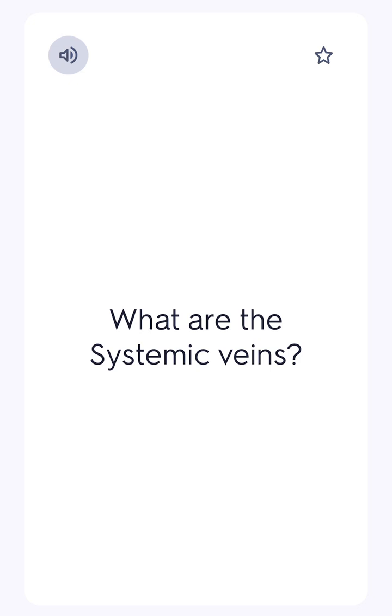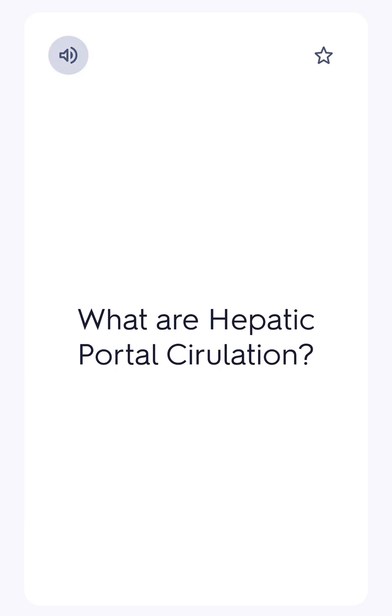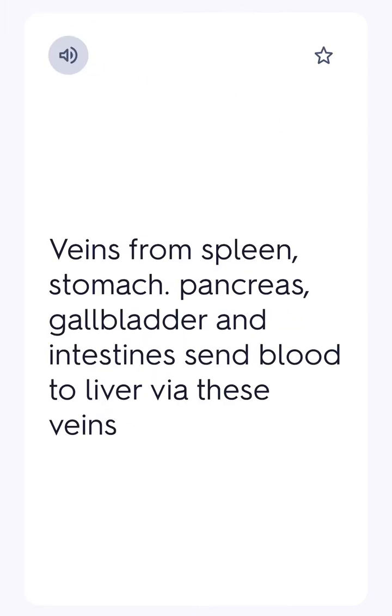What are the systemic veins? Blood from head and neck, upper extremities, thorax, and abdomen drains into superior vena cava via these veins. What is hepatic portal circulation? Veins from spleen, stomach, pancreas, gallbladder, and intestine send blood to liver via these veins.